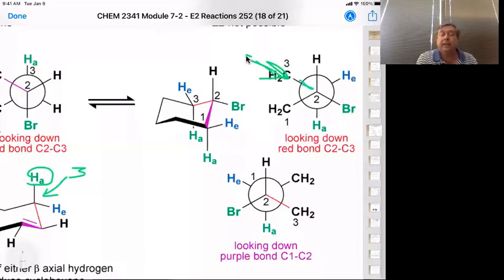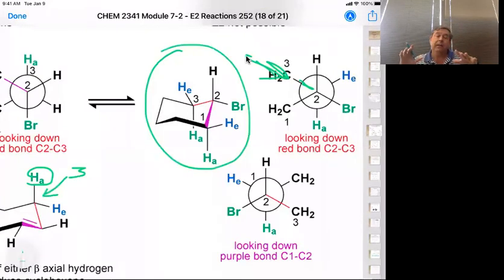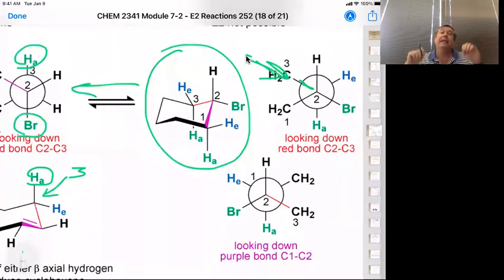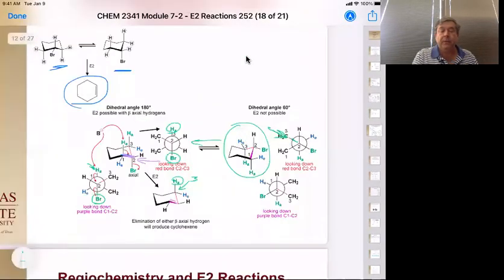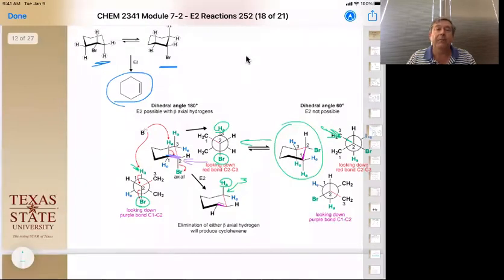So what that means is this particular isomer, even though it's going to be the more common isomer, does not undergo an E2 elimination. But when it flips back to this other side where you have your hydrogen opposite your bromine, it does undergo E2 elimination. Okay. And so you only have the one actual conformer that does the reaction. The other one is just not useful and flips back and forth until we can use it.